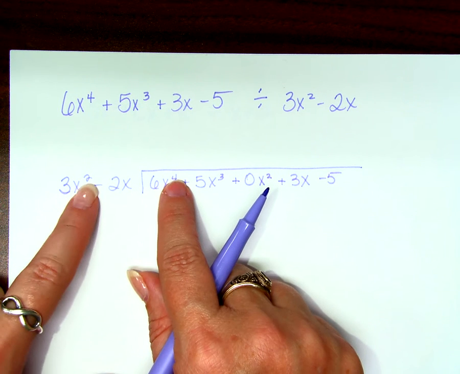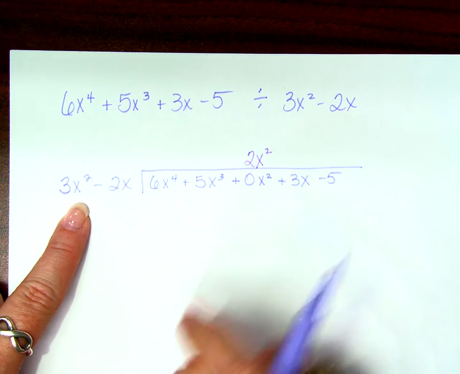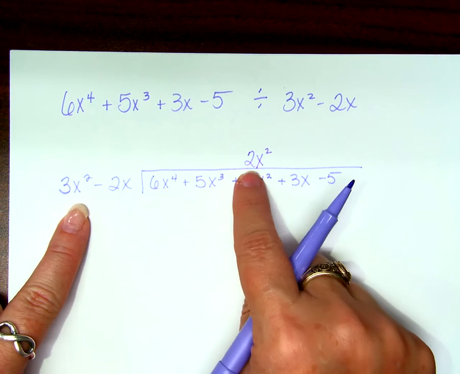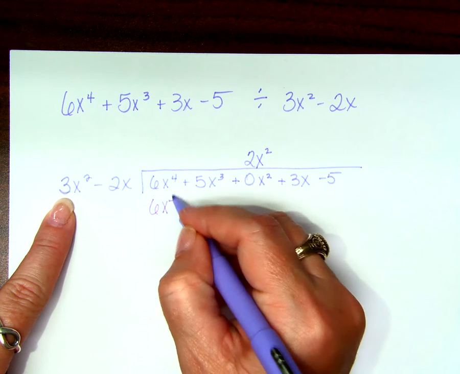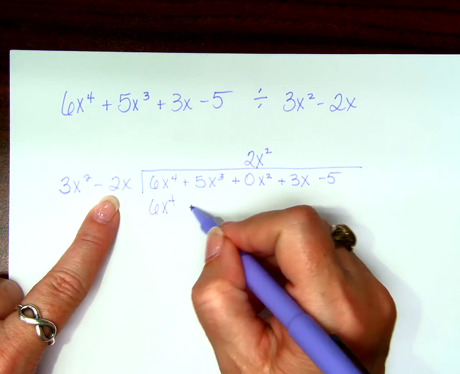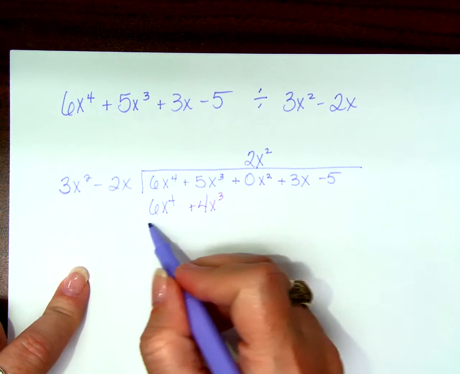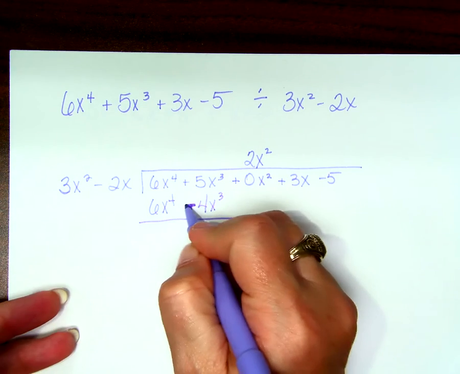2. What's x to the 4th divided by x squared? So 2x squared is what I have first. 2x squared times 3x squared is 6x to the 4th. 2x squared times 2x is 4x to the 3rd. That's a minus right there.